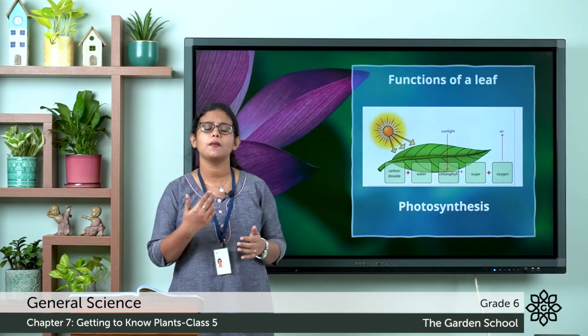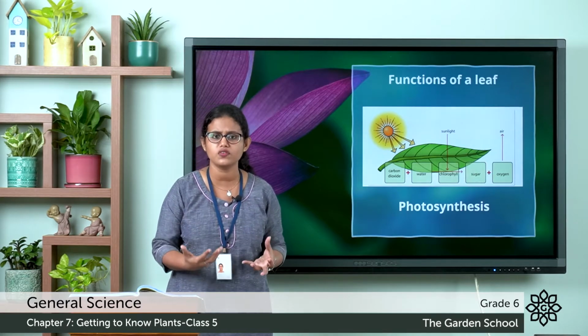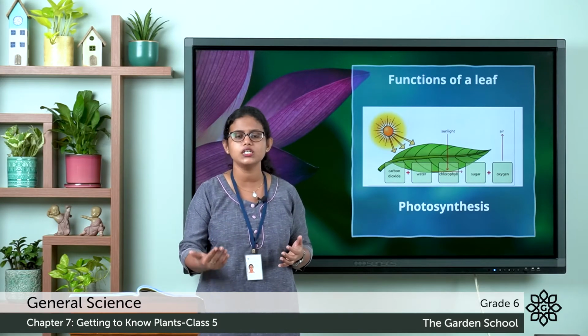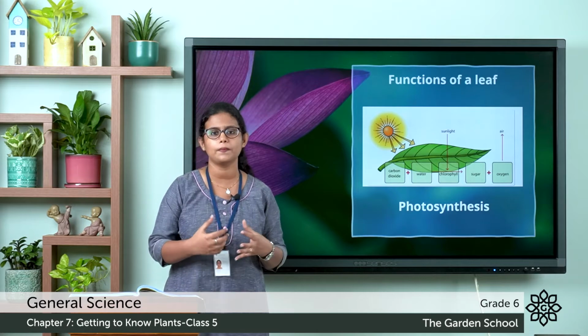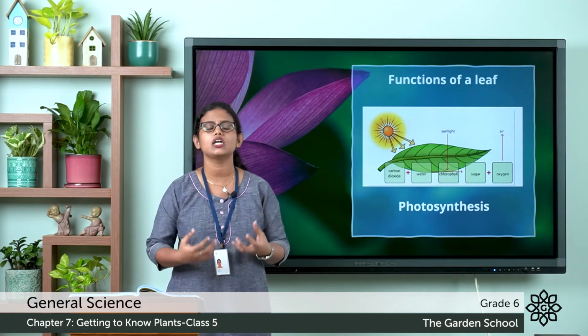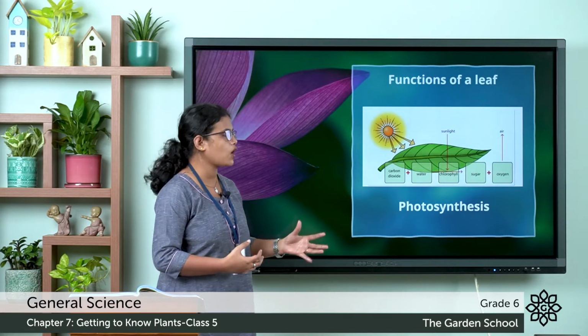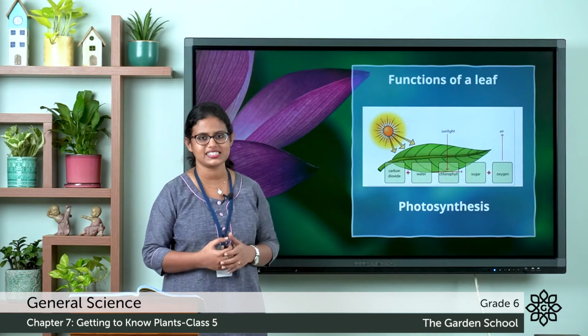So we know that plants have different parts: root, stem, leaves, flowers. The excess food that is converted into starch is stored in different parts of a plant. And we eat the different parts of a plant. So that is about the main function of a leaf, that is photosynthesis.